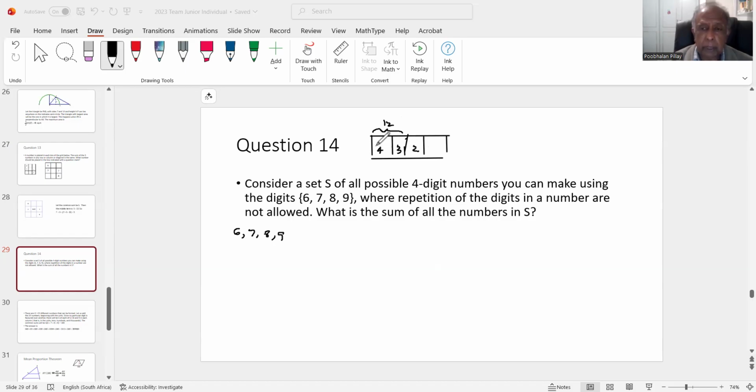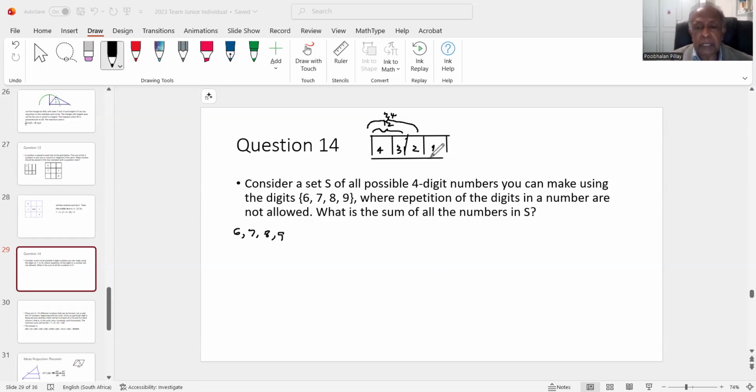So therefore, the first 2 can be chosen in 12 ways, but the first 3 can be chosen in 12 times 2 ways, which is 24. And of course, once you choose these 3, then you got no choice but to put the last one in. So there are 24 such numbers. Okay, or 4 factorial. Right?